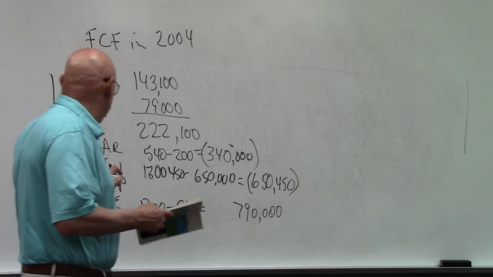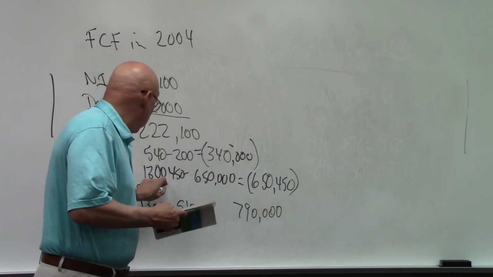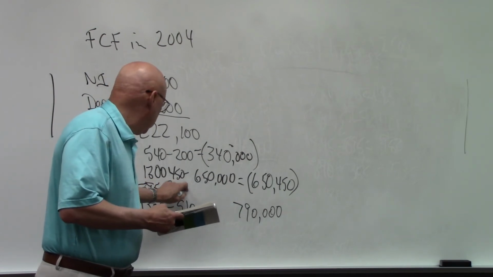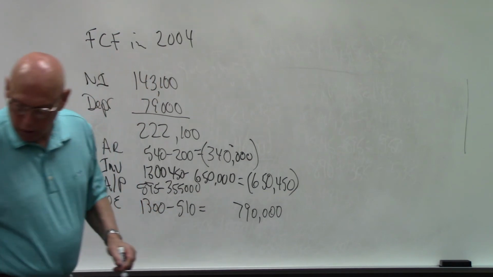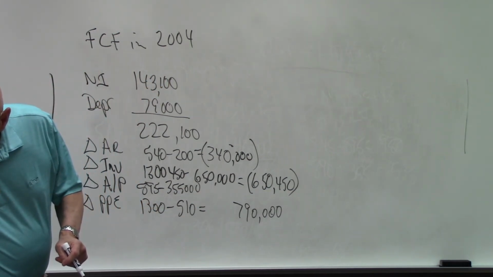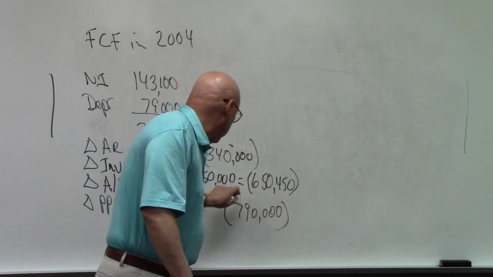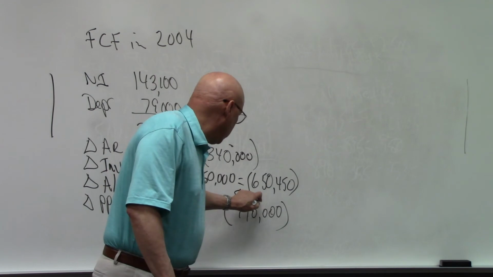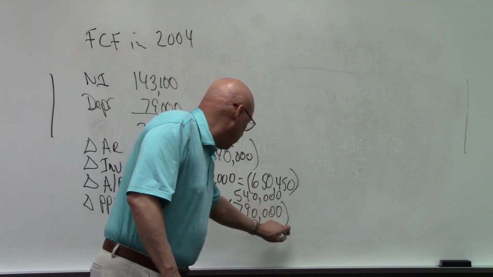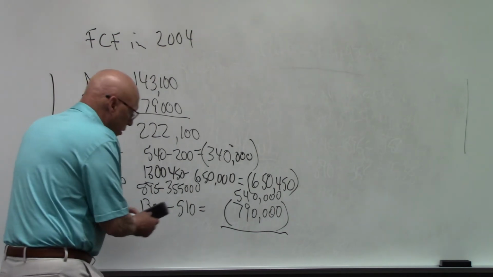So 895 minus 355,000. 895 minus 355 is 540,000, so that'll be a positive. All right, and then let's look at our dividends.